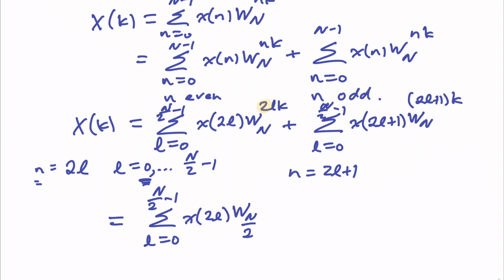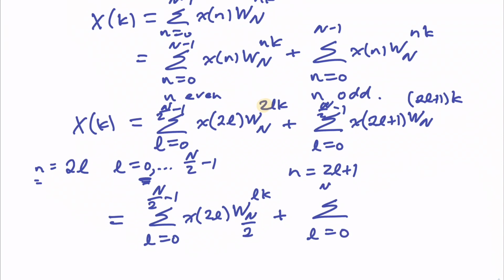So I'm going to move that down to here. So W_N over 2, and so this would then just be lk. All right, and I do the same thing over here for the odd values. So these are the odd samples right here, okay?